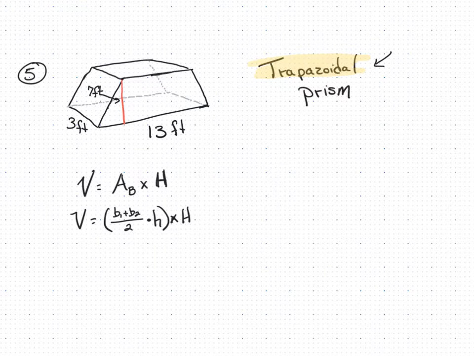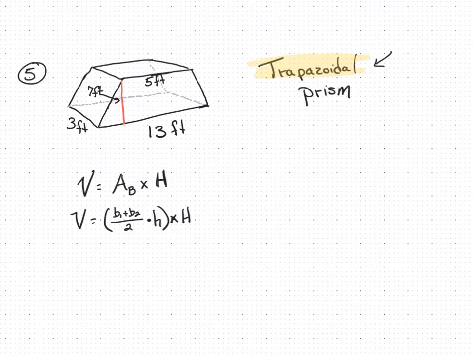Okay, so now let's identify those different parts. So the first thing I've got to find is, oh, I left out, this needs to be 5. And once again, this is number 5 on your homework. So let's look over here. So the first thing I've got to identify is my 2 bases. So here's 1. So my first base of my trapezoid is 13.